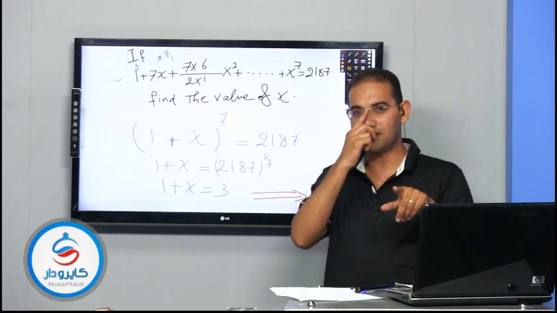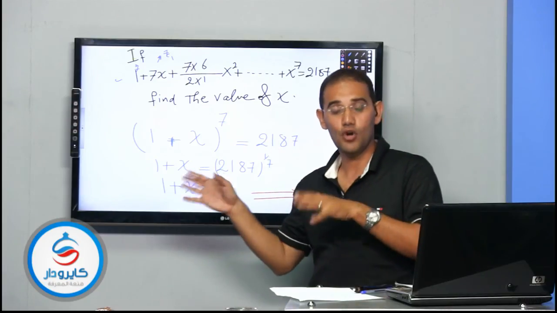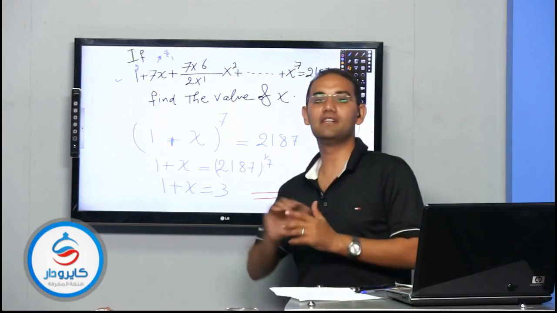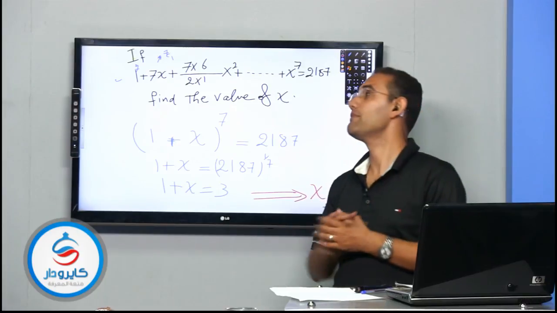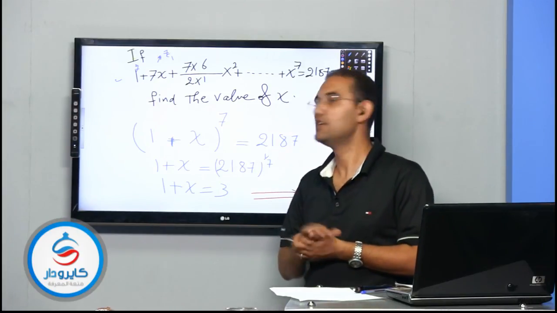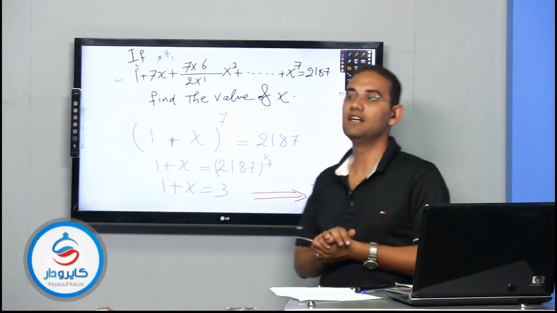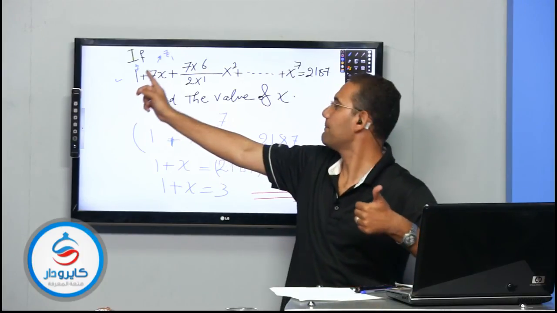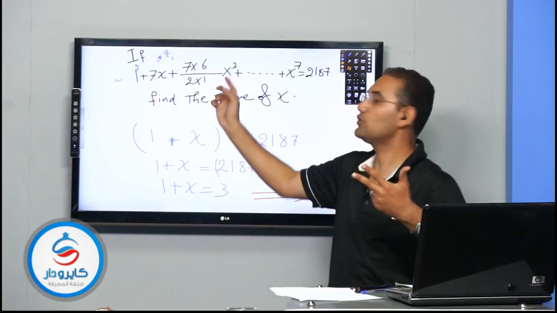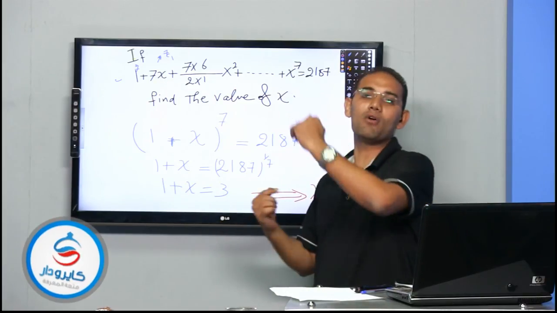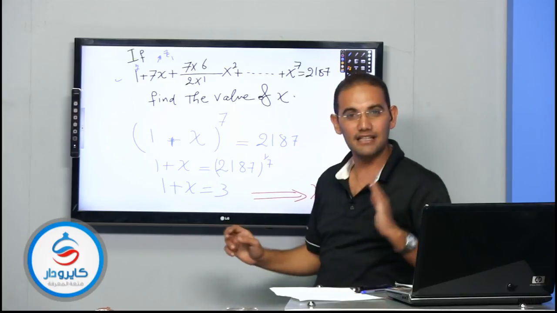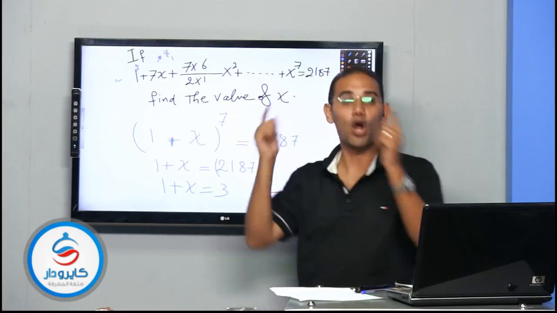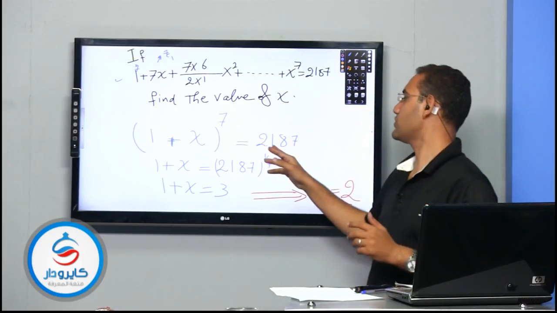Then I look at the middle sign: are all terms positive, or one positive and the other negative? No, all of them are positive, so the middle sign is positive. First, 1 power 7, so the first term is 1. Second, look, x power 0, since there is no x power 1 or x power 2, this is ascending power of x, so the second term comes. So the bracket is 1 plus x all to the power of 7 equal to 2187.